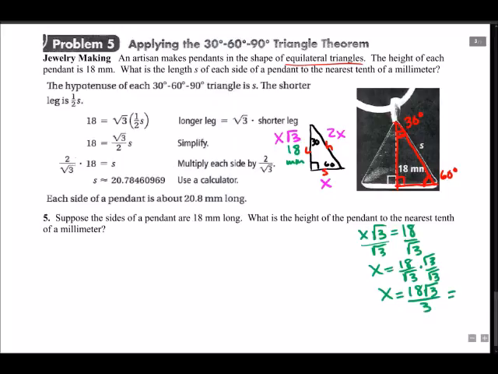We can simplify that to 6 square root 3. So we know that this bottom side is 6 square root 3 millimeters. And then how would we find the hypotenuse? Well, the hypotenuse is just 2 times 6 square root 3, which is going to be 12 square root 3 millimeters.